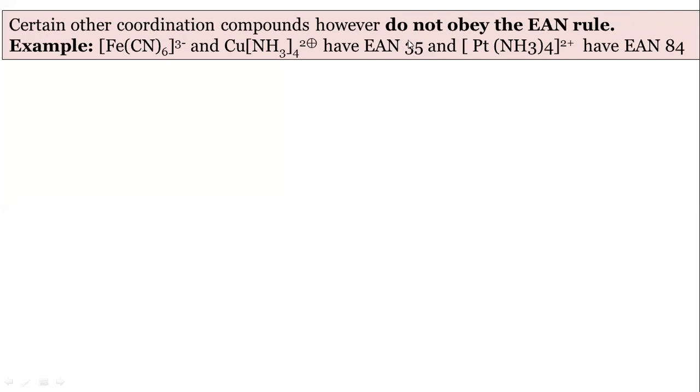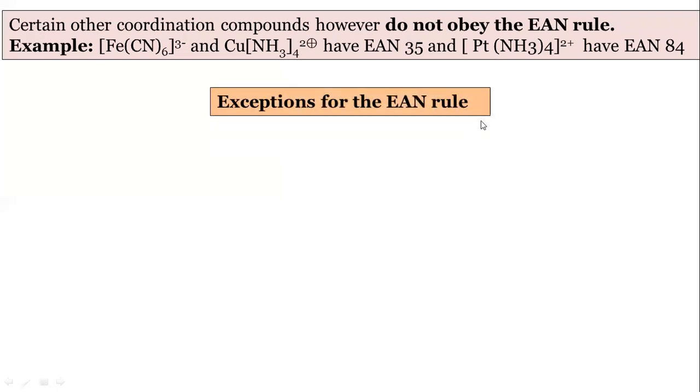So these are exceptional cases for the effective atomic number, and these exceptions are very important. Remember, in your textbook 1, 2, 3 exceptions are given. So these 3 examples do not obey the effective atomic number rule. That's why these are called exceptions for the EAN rule.